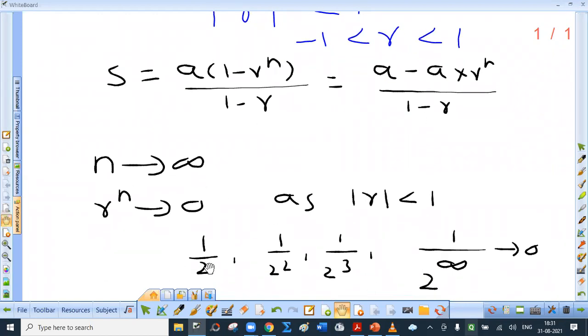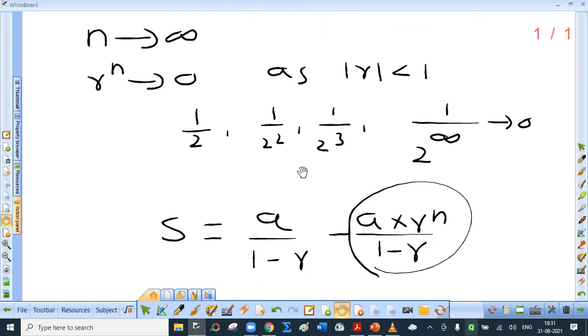I have taken one particular value, say half. If you don't like half, take 1 by 3, 1 by 7, 1 by 11, etc. So say half. Half raised to infinity, 1 upon 2 raised to infinity, is almost 0. Right? So this part vanishes. So what remains is a upon 1 minus r.